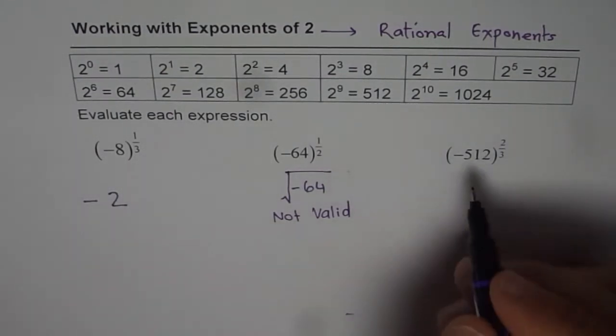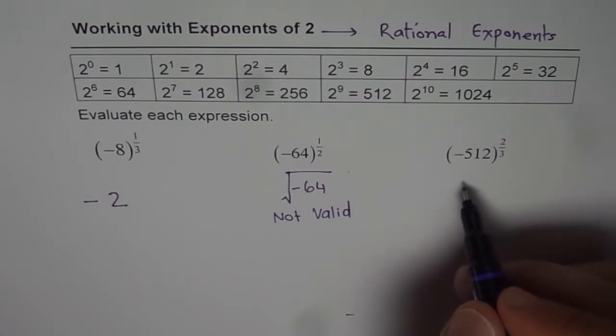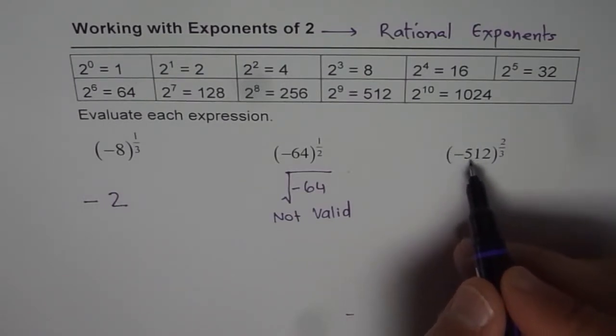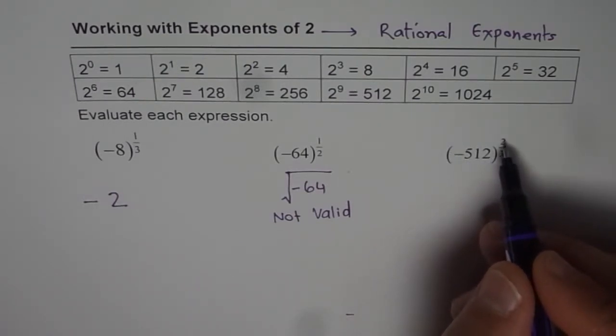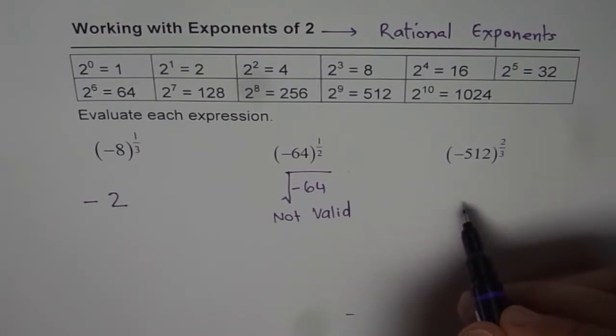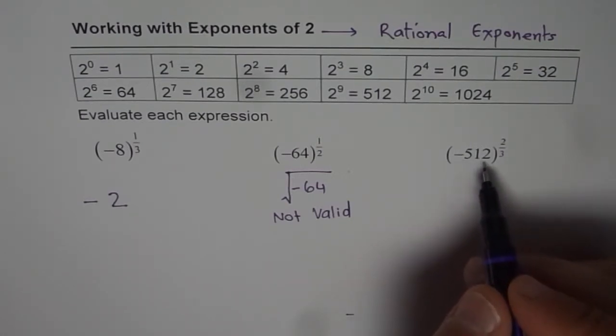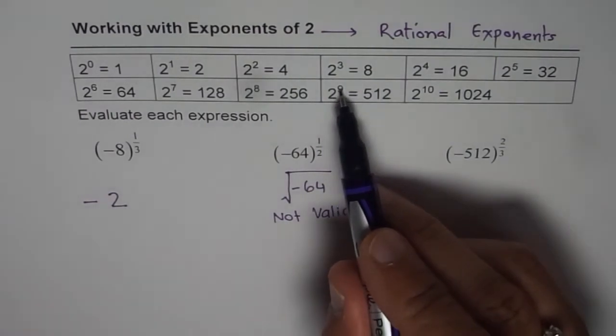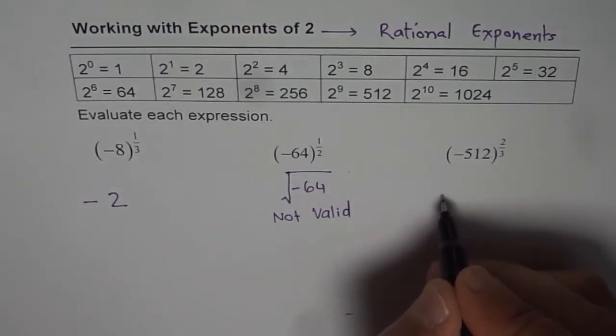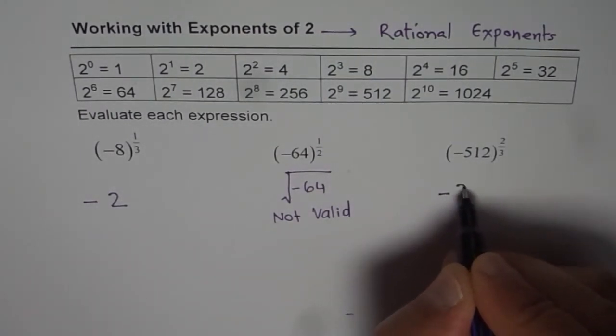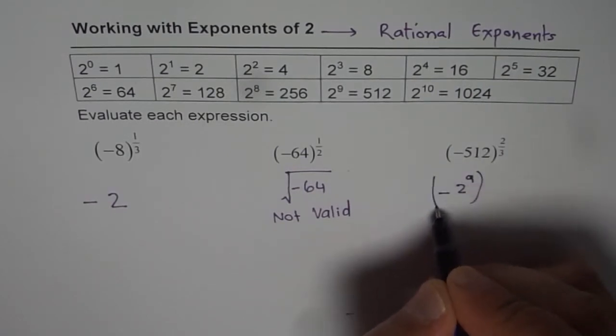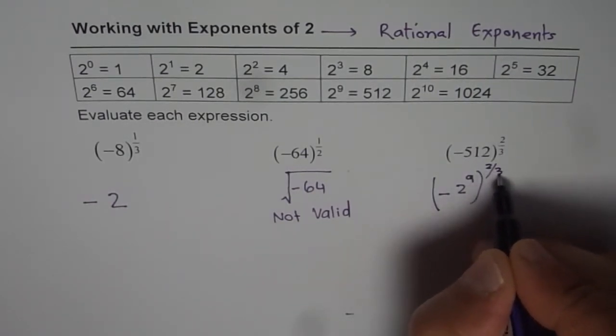Correct? Now let's move on to the last one, which is negative 512 to the power of 2 over 3. Now, 512 is 2 to the power of 9. So we can write this expression as minus 2 to the power of 9, to the power of 2 over 3.